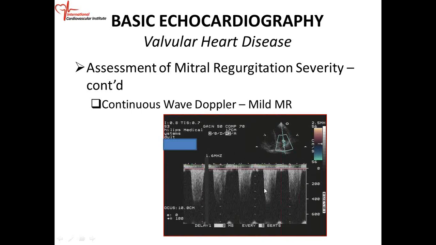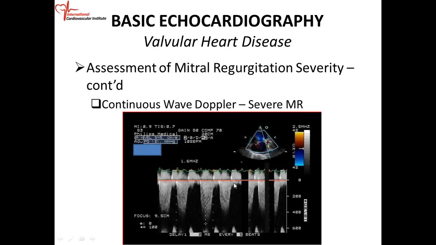They're faint, which suggests mild mitral regurgitation, as opposed to these, which are very dense. Okay, and the contour is triangular. That makes the case even more for severe mitral regurgitation. So, a dense continuous wave Doppler envelope. Okay.